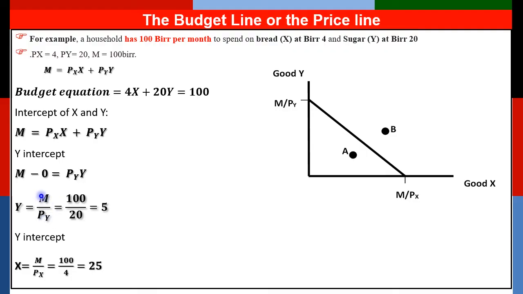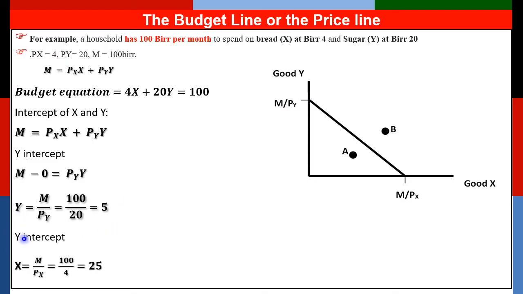The value of M here is 100. Price of Y here is 20. Therefore 100 over 20 means 5. Therefore the intercept of Y at this point is what? It is 0 and 5.